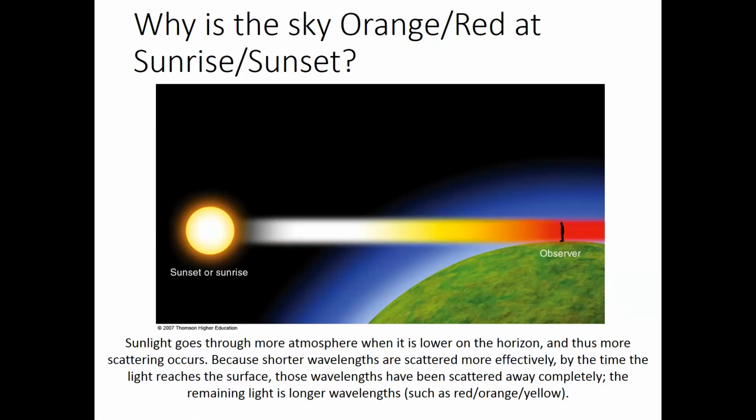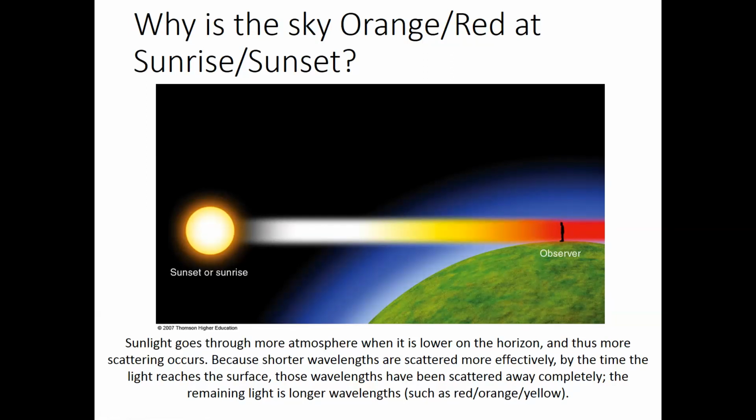So rather than coming straight in, it's coming in on a much more gentle slope, and so it has to travel further. Well, as it's traveling through the atmosphere, that sunlight hits the top of the atmosphere, and all that blue light is scattered away.